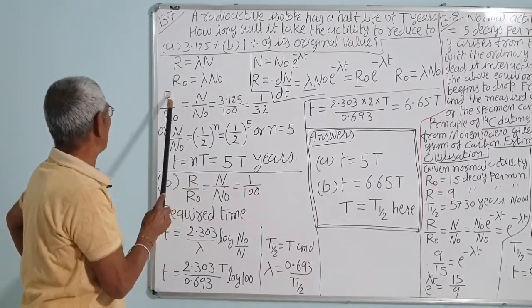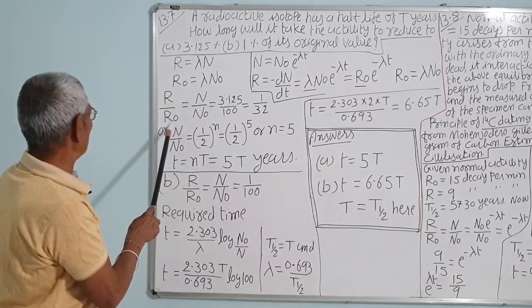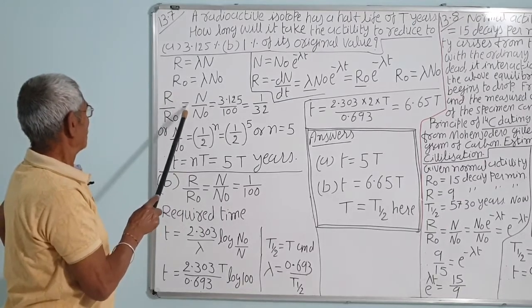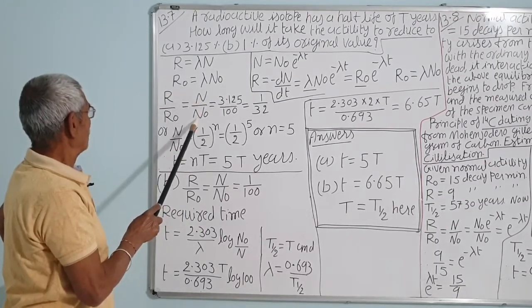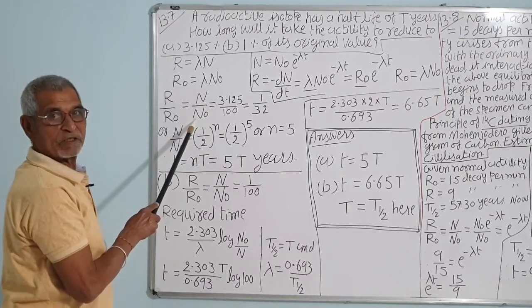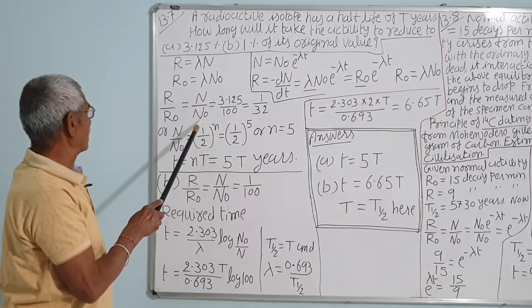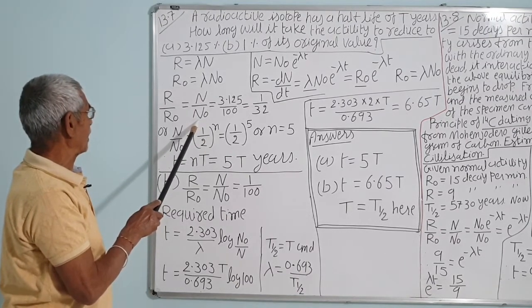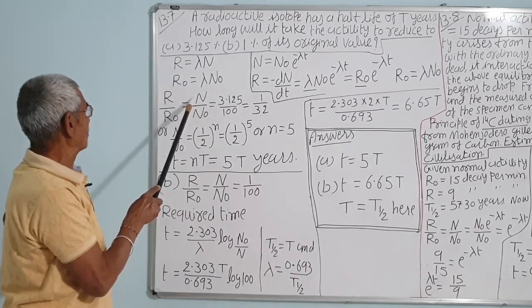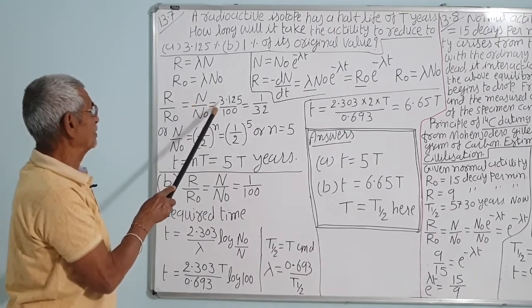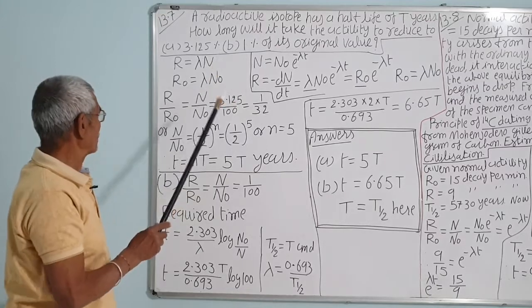Take this ratio: R upon R0 is equal to N upon N0. Now N upon N0 is the number of atoms at time t equal to 0, and N is the number of atoms present when it is 3.125%.